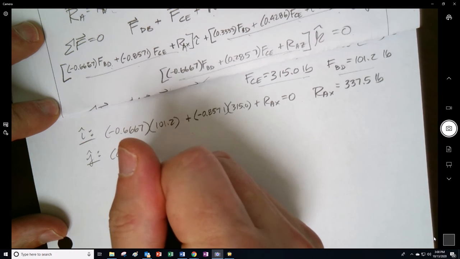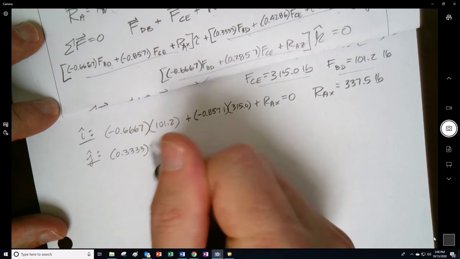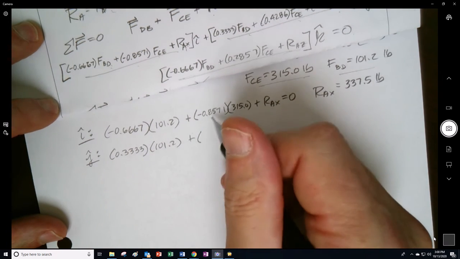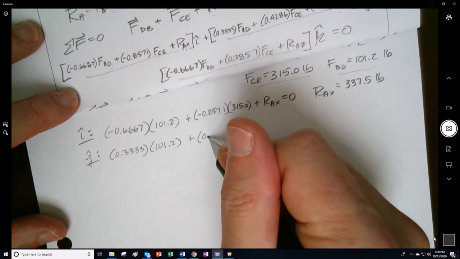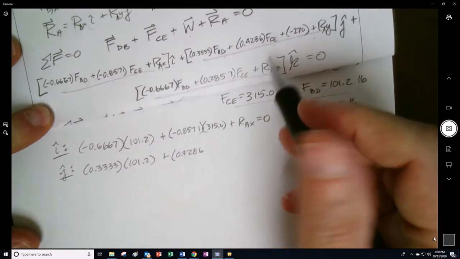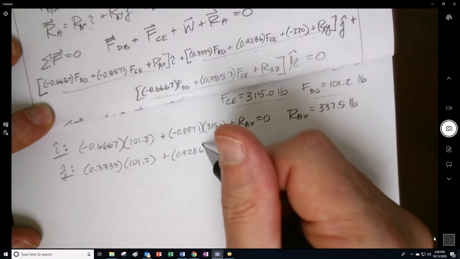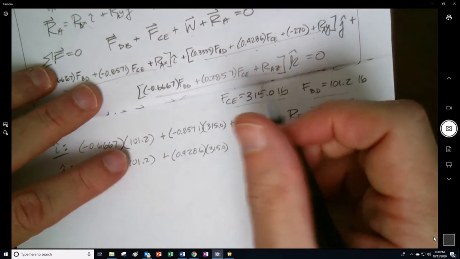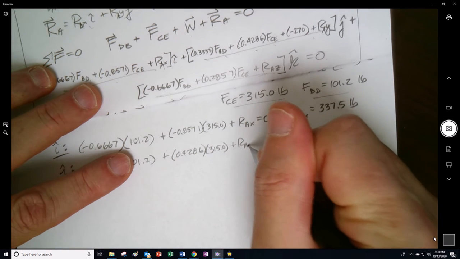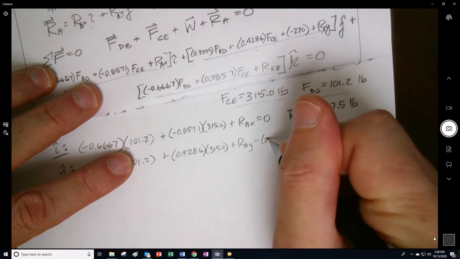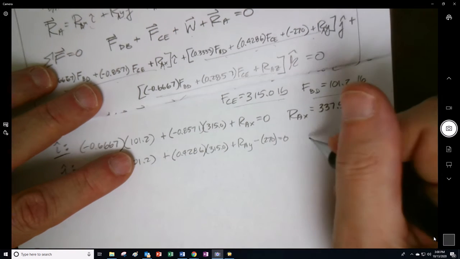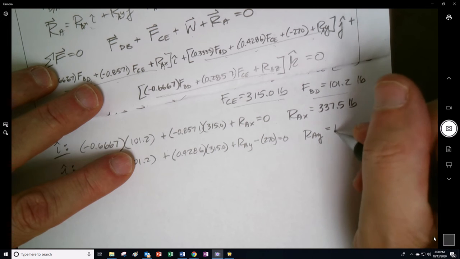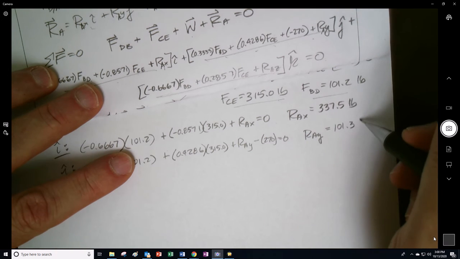Because J, you have 0.3333 times our 101.2 plus 0.4286 right here, times 315.0. Then we have to also remember, okay, now we have the plus RAY, and then minus 270 equals 0. And our RAY ends up equaling 101.3 pounds.